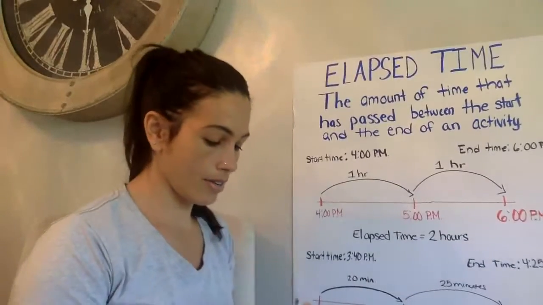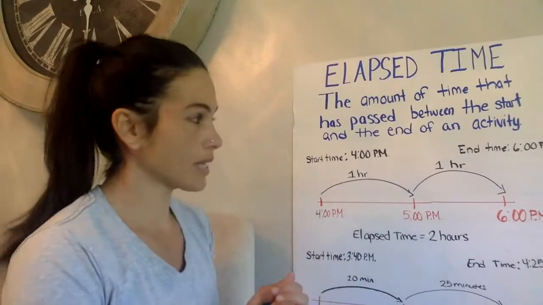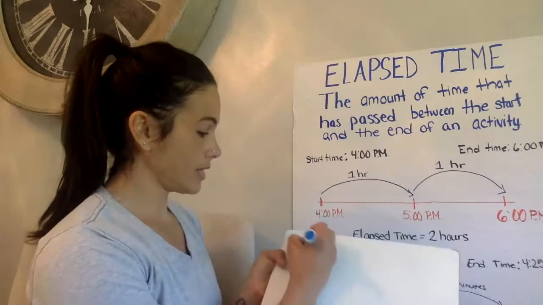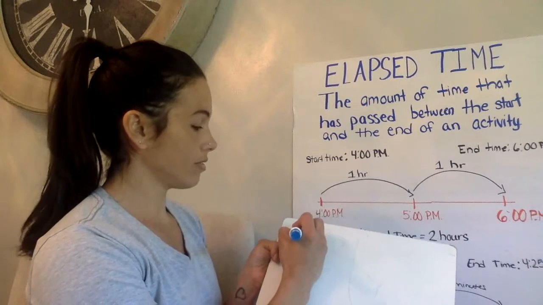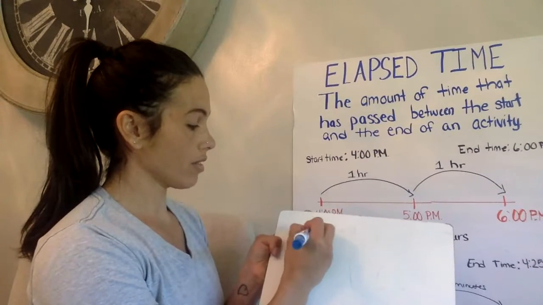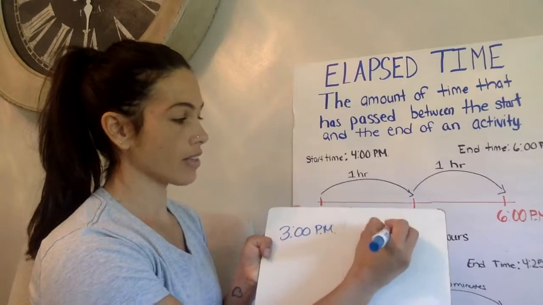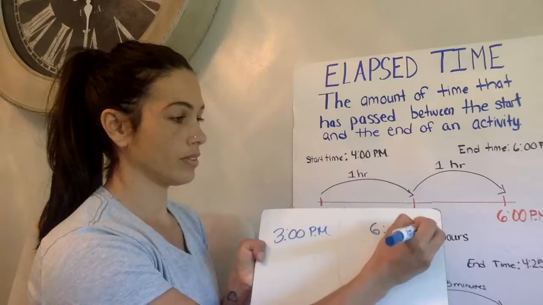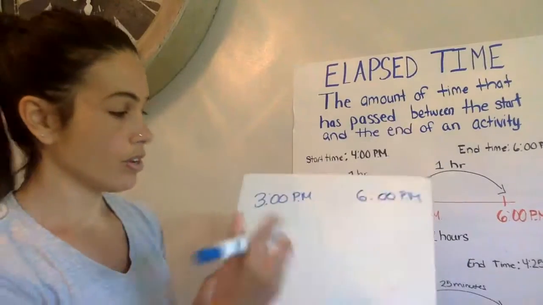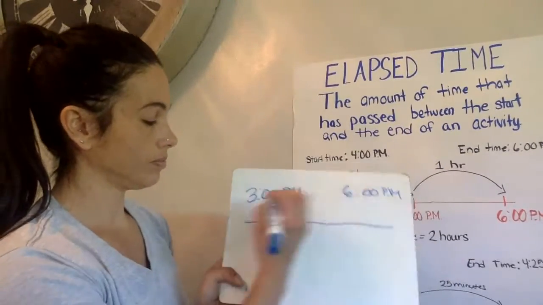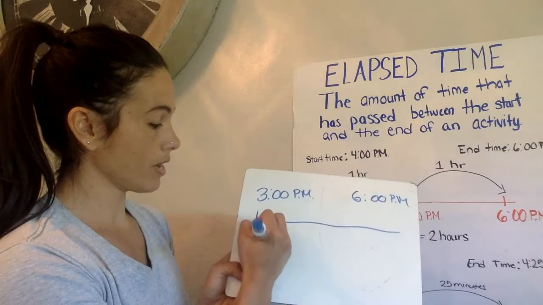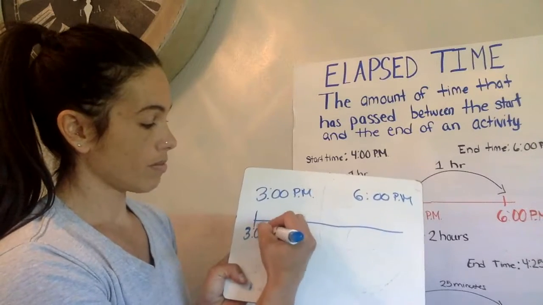So if I said, what is the elapsed time of, let's say the start time is 3 o'clock p.m., and now it ends at 6 o'clock p.m. You can make your number line. Start it with 3 o'clock. I'm not going to write p.m. for each one.